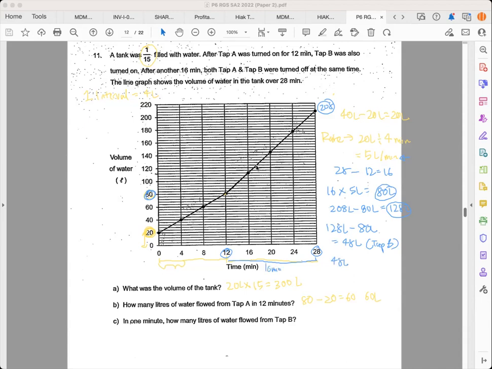Divide by 16, I get 3 liters per minute. So the answer to part C, in 1 minute, how many liters of water flowed from tap B? The answer is 3 liters. Okay, let's look at question number 12.